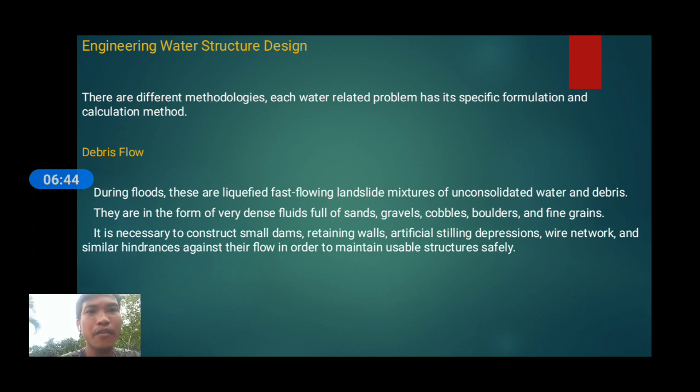They are in the form of very dense fluids full of sands, gravel, cobbles, boulders, and fine grains. It is necessary to construct small dams, retaining walls, artificial sealing, depressions, wire networks, and similar hindrances against their flow in order to maintain usable structure safety.